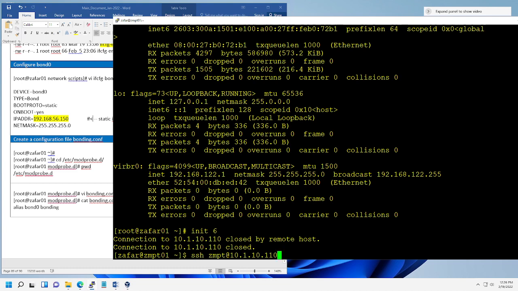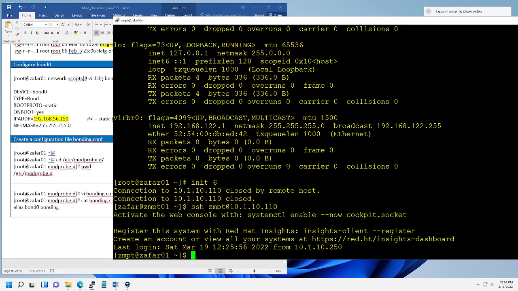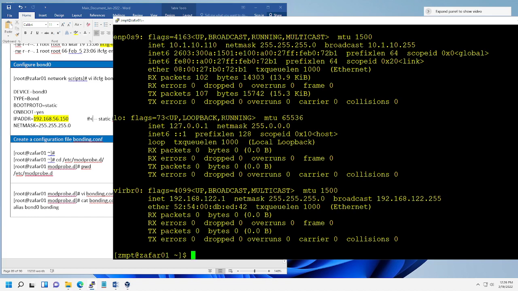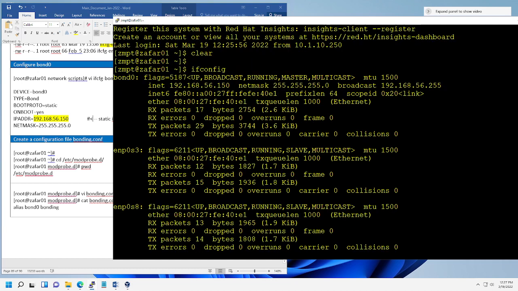All right, it must be on by now. Okay. And let me do ifconfig. So ENP0S3 does not have any IP address anymore. Yeah, it's good now, right? Yeah.